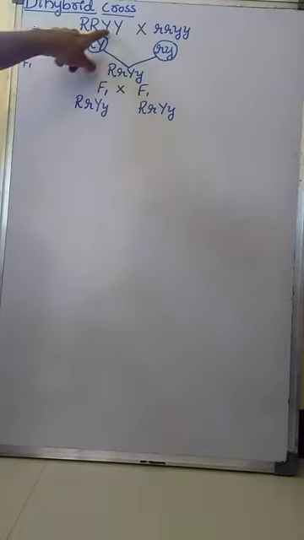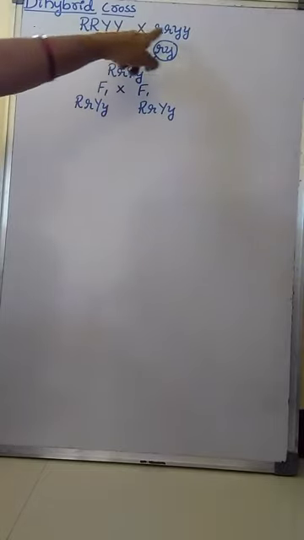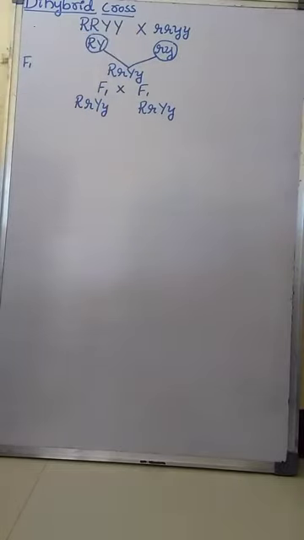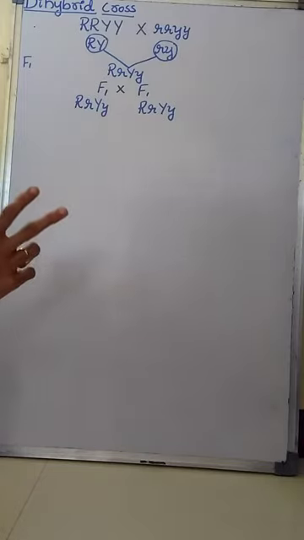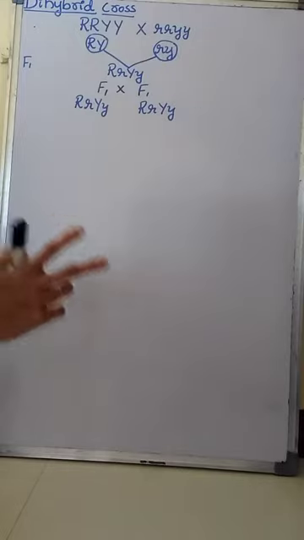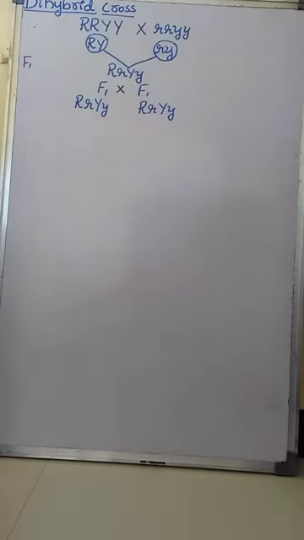These are homozygous individuals or pure pea plants. A cross between two homozygous individuals which differ in two pairs of contrasting characters is called a dihybrid cross.